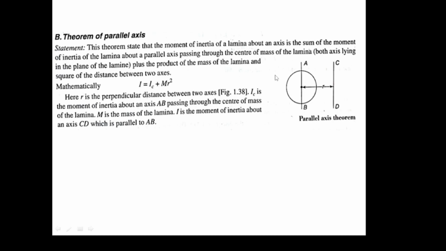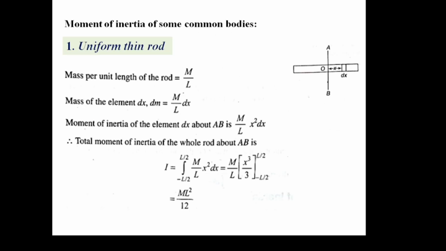That means the total moment of inertia is equal to IC plus m r square. Here m is the total mass, r is the perpendicular distance between the two axes, and IC is the moment of inertia about the axis passing through the center of mass of the lamina. This is called the parallel axis theorem.